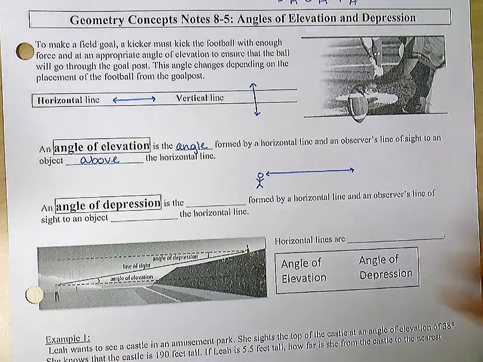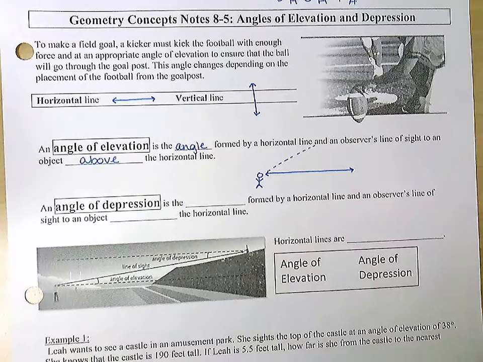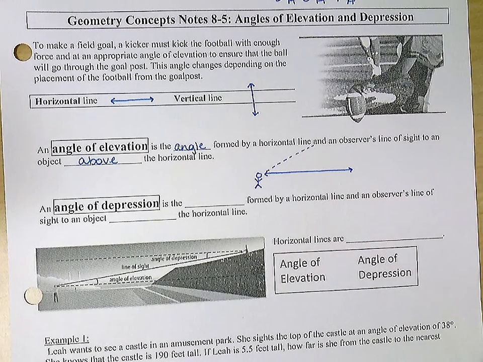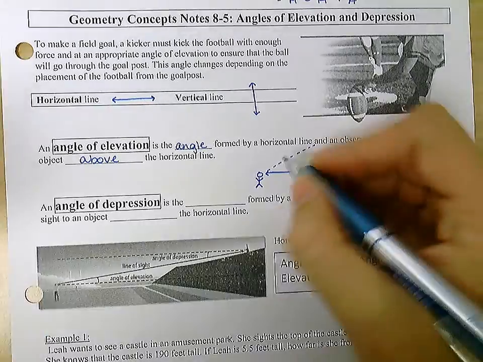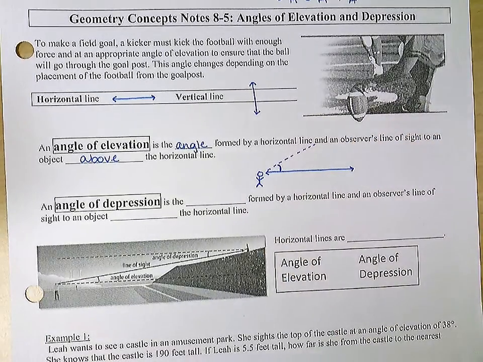Now if this person is looking up at something, it doesn't matter what they're looking at, that angle created between that horizontal line and their line of sight, right here, is your angle of elevation.